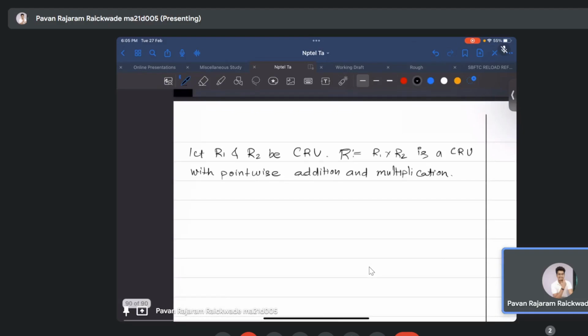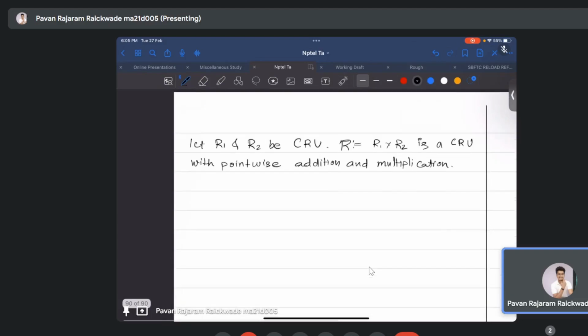So now the question is, what do the ideals of R1 cross R2 look like?